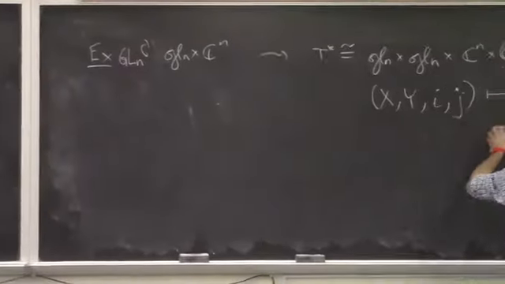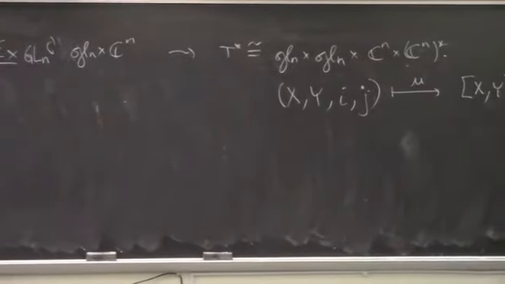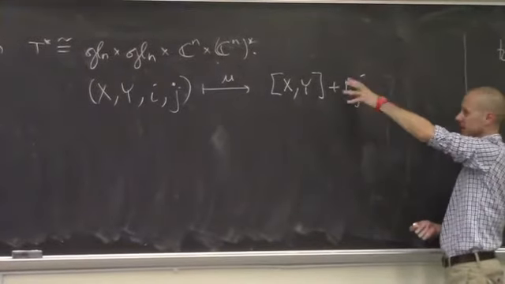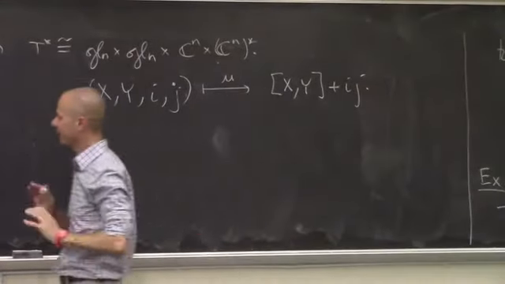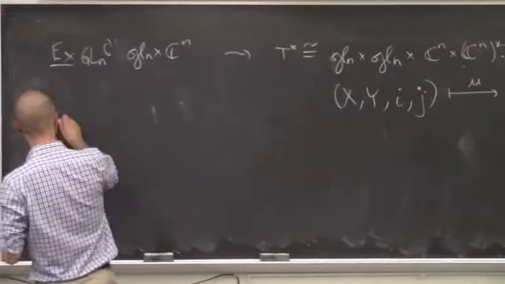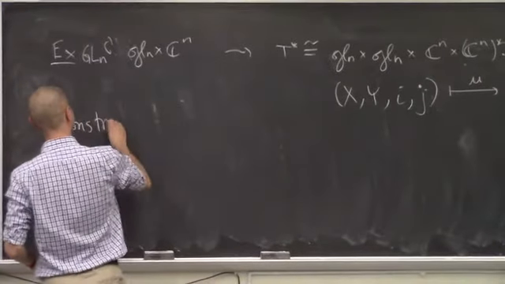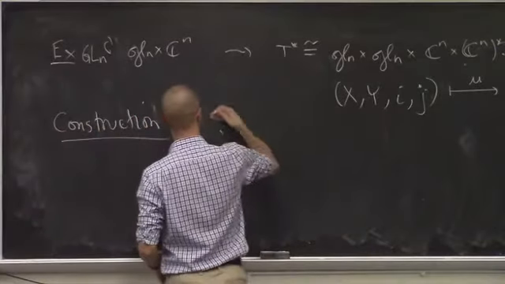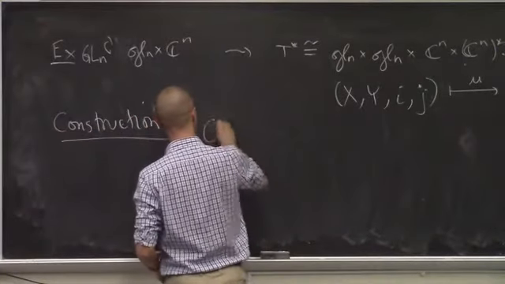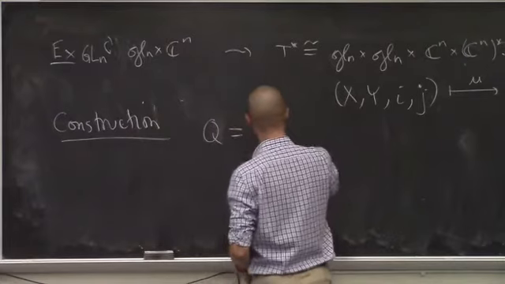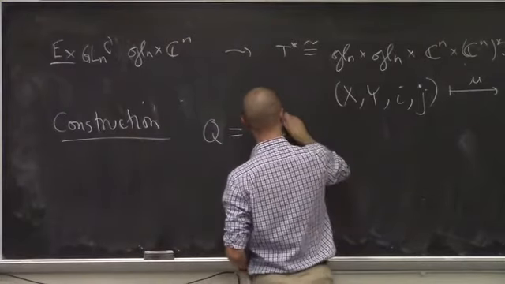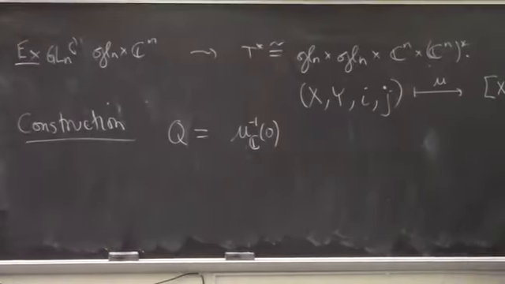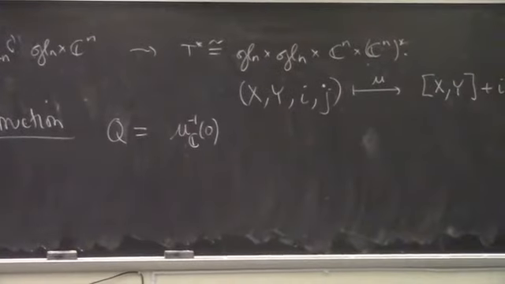The thing to notice is that you would expect from this equation that this thing is typically quite singular. I haven't finished saying the construction. The construction is of a space, better to call it Q, for quotient. What I'm going to do is take the zero fiber of this map.